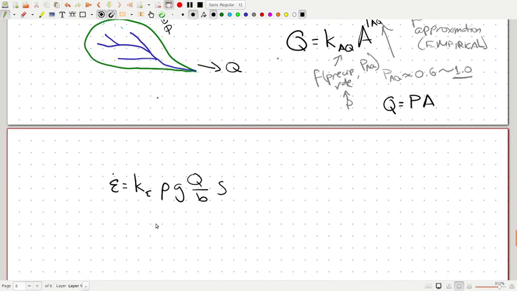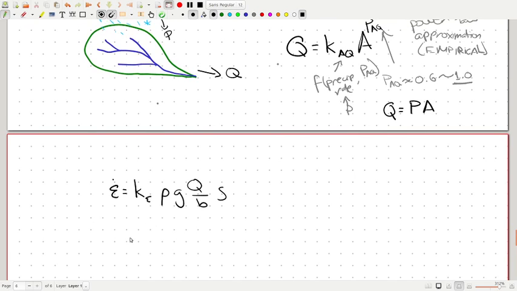And now we're substituting in for Q. And so this is going to then be equal to K_e, erodibility, and then I'm going to add this K_AQ. So this is converting drainage basin area to river discharge, like I said, times rho g A to the P_AQ over width times channel slope.